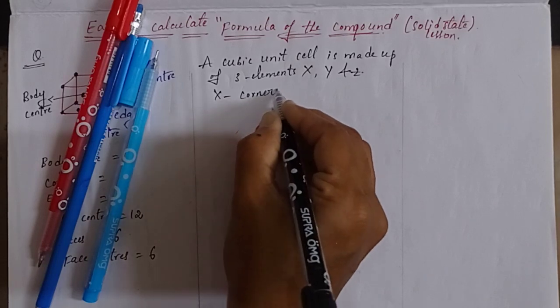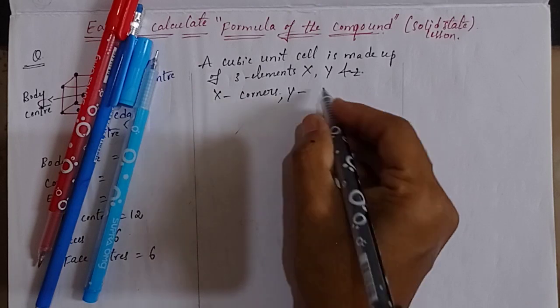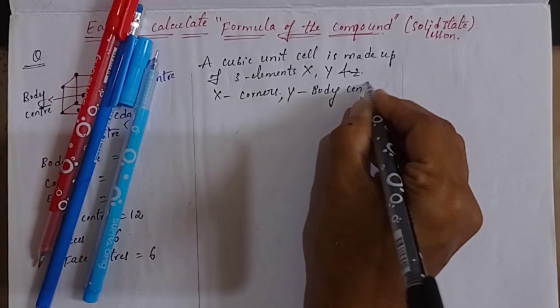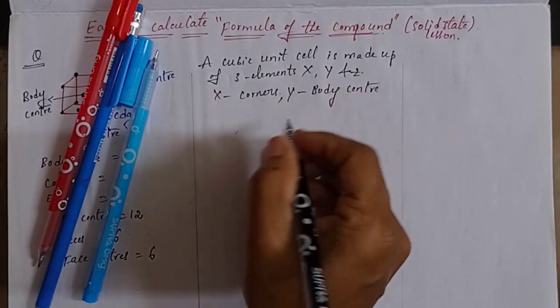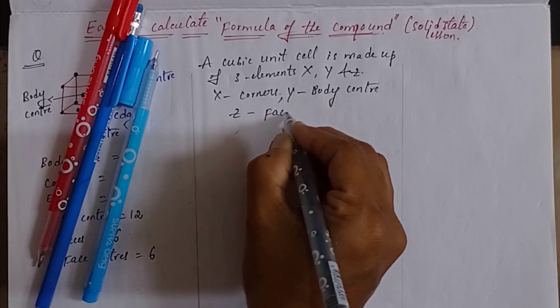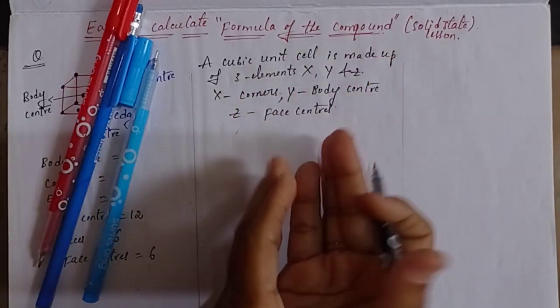Corners. And Y atoms are present at the body center, or cube center. And Z atoms are present at the face centers. Clear? Face centers. Now we have to find the formula of the compound.